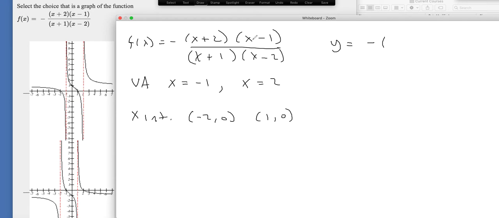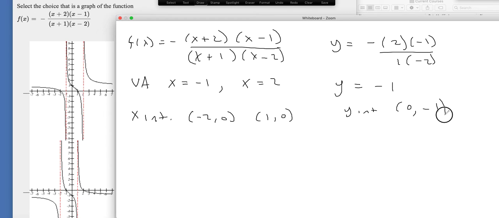And then all these x's are 0, so it's just going to be 2 times -1 up top because those are dropping out. Same thing down here, 1 times -2. And then I got 1, 2, 3 negative signs, so it's going to be a negative, and then 2 over 2 makes -1. So my y-intercept is at (0, -1).